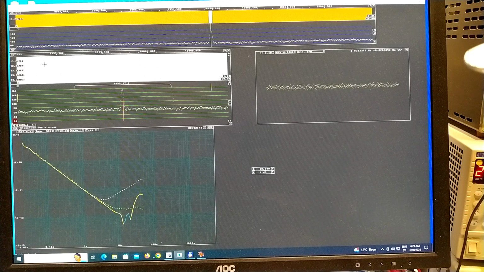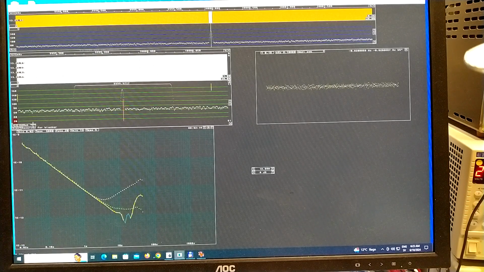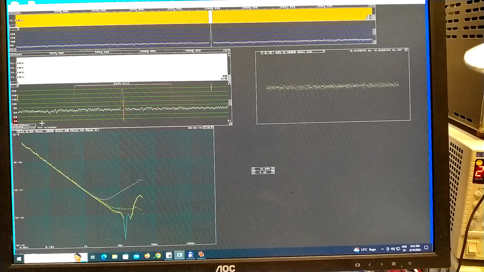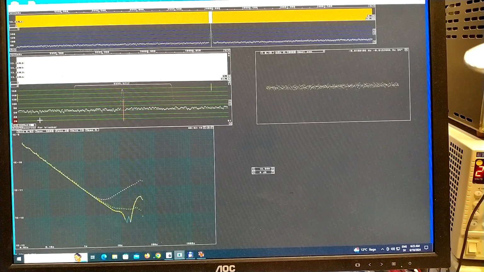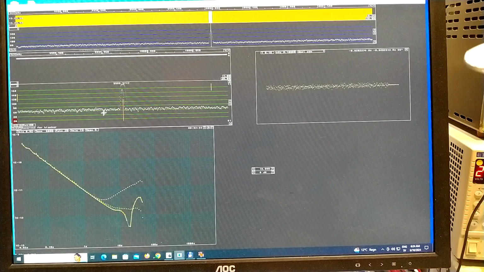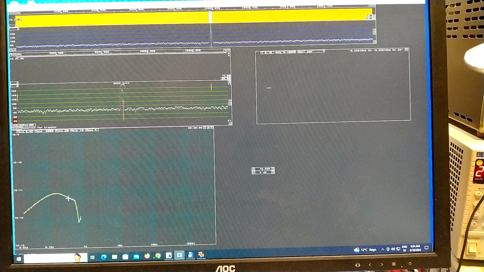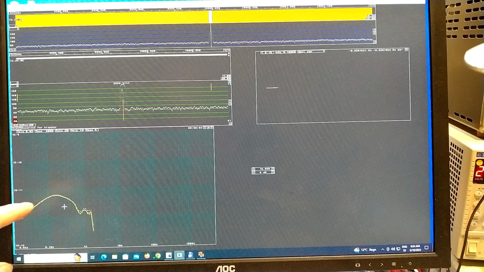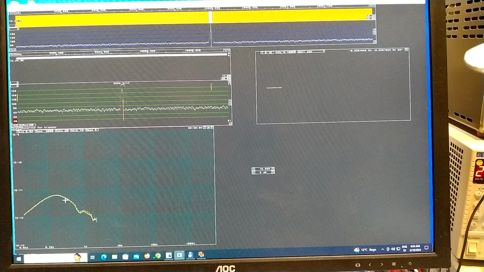I can reduce the bandwidth like this, for example, with a much narrower filter and then clear. And you can see how this curve is much lower.